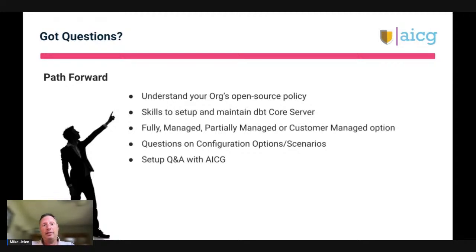And then looking at, well, which flavor of dbt core are you looking for or willing to consider? The fully managed version that we're talking about today? Or are you looking for one where you manage all of the individual components related to dbt core? We'd love to be able to talk to you on any questions that you have on your configuration, how to get going with dbt core.